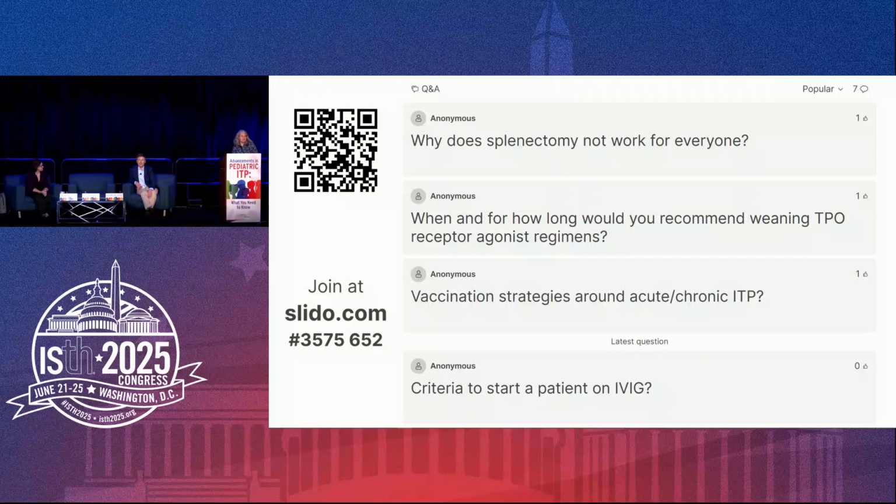I find that the secondary ITP, particularly in teenagers with autoimmune conditions like lupus, the combination is somewhat effective. So for example, if they're diagnosed with lupus and they're started on MMF, I have done the combination with the TPO RA, but outside of that, I'm looking to some more seasoned experts for some better guidance other than a trial and error approach.